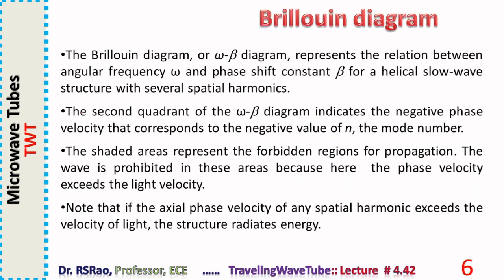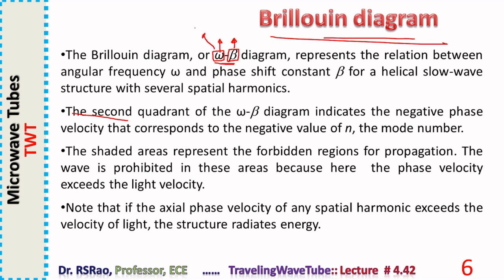Brillouin diagram. What is this Brillouin diagram? It is omega beta diagram. Omega is angular frequency. Beta is phase shift per unit length. In any wave, there exist time variations. There exist spatial variations too. Time variations are described with the help of omega, angular frequency, whereas spatial variations are described by beta.